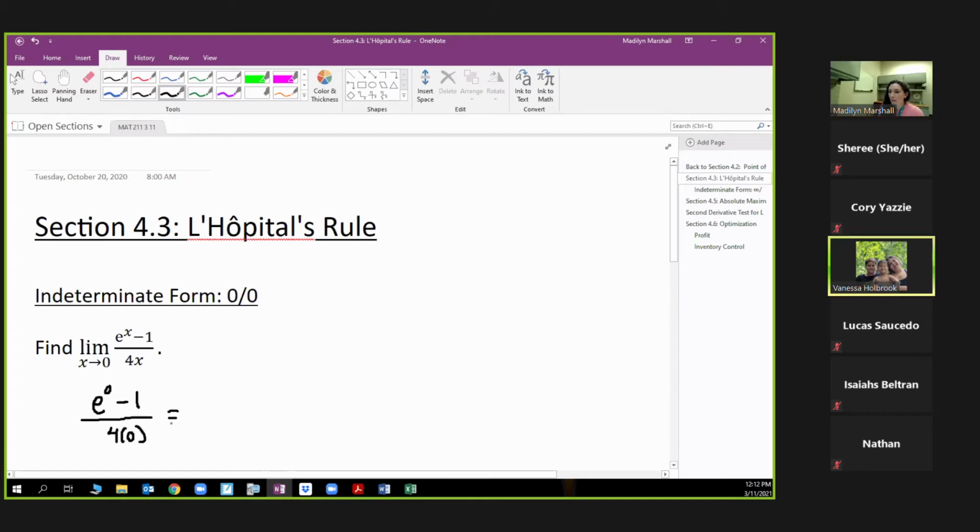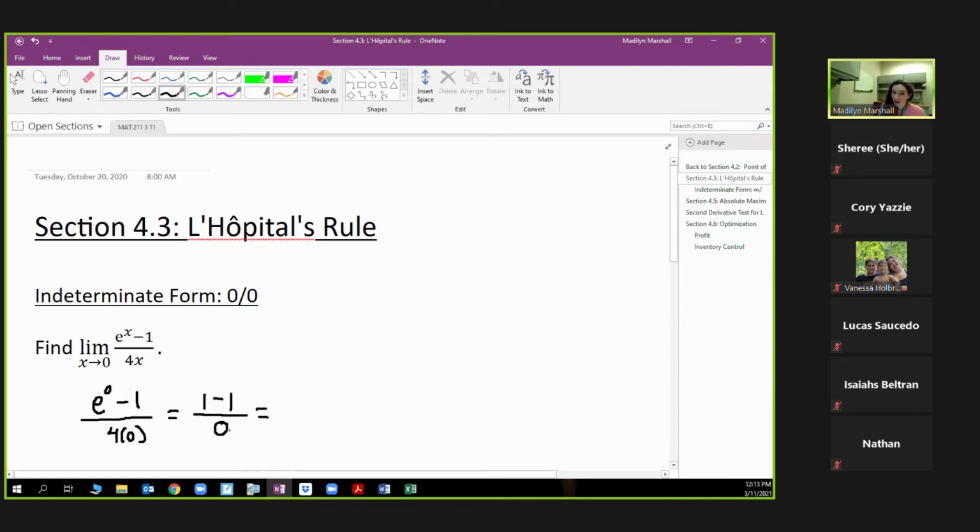Well, 4 times 0 in the denominator is 0. What is e to the 0 power? It's 1. Anything to the 0 is always 1.